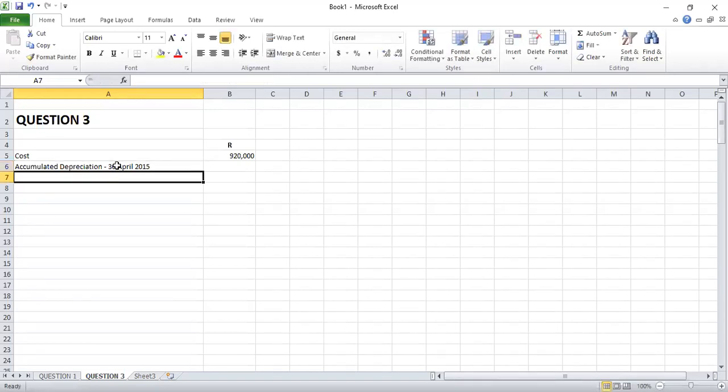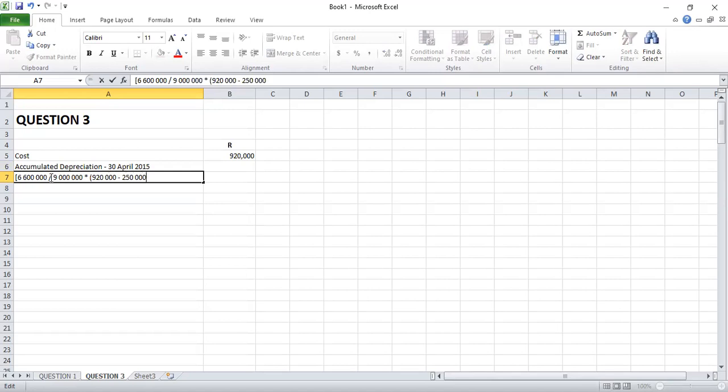Okay, we can say 6.6 million divided by what? 9 million, the useful life, multiplied by the cost, which is 920,000, minus the residual value, which is 250,000.